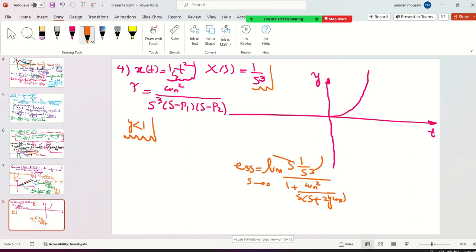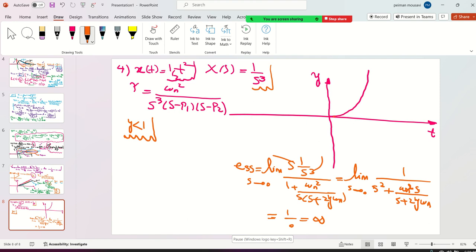This s with one of the s goes away. So you get the limit of s squared plus omega n squared times s in s plus 2 zeta omega n when s goes to 0. That is 0, 0. 1 divided by 0 is infinity. It means that your error signal is increasing with time.